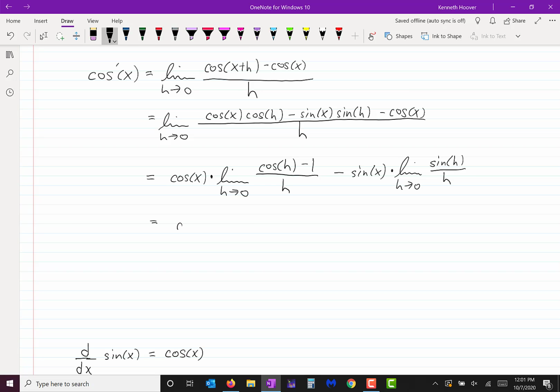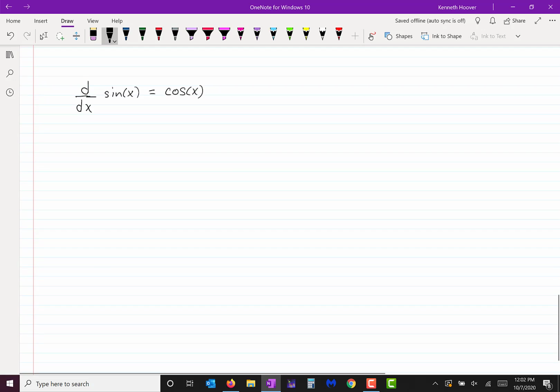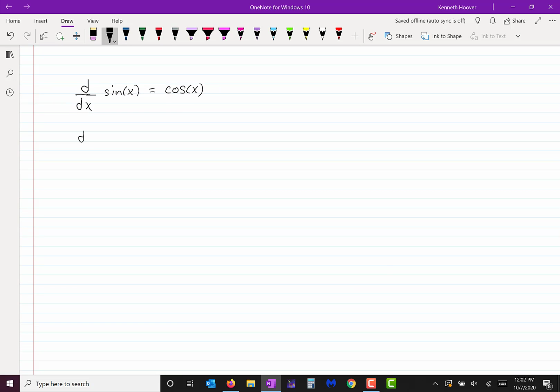And that's going to give us cosine of x times 0 minus sine of x times 1, and that equals negative sine of x. Okay? So the derivative of cosine is negative sine. You need to commit those to memory.